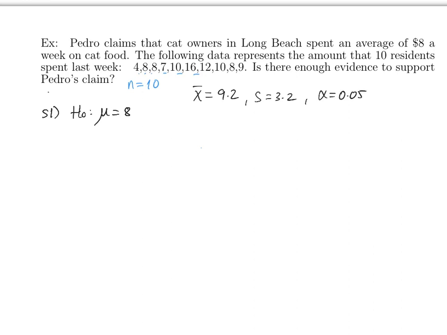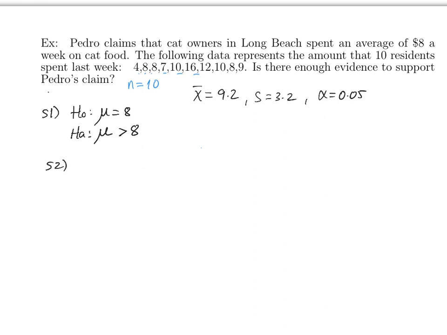Based on the sample mean, what should be the alternative? Less or more than 8? More, so it should be more than 8. All right, so use this information, do step 2, step 3, and so forth.